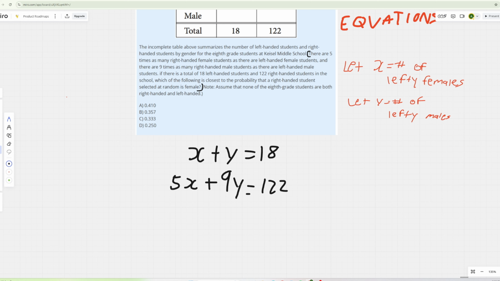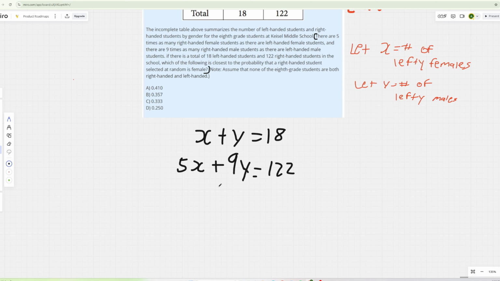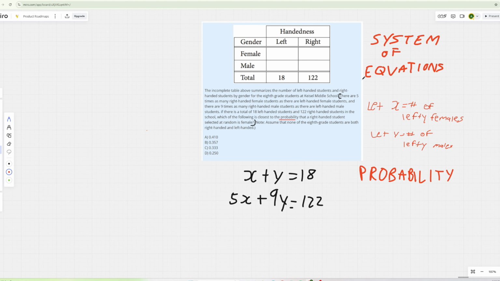Now this is going to look really familiar. This is a very basic system of equations, but they're also including probability. What is the closest to the probability? So we need to understand what probability is, as well as know how to define our system of equations.